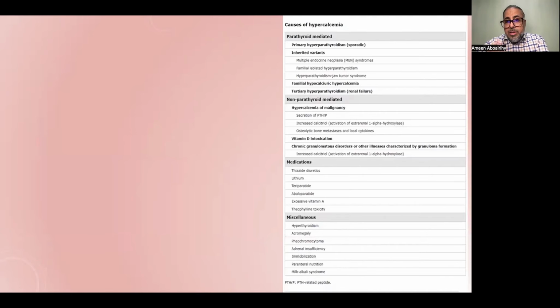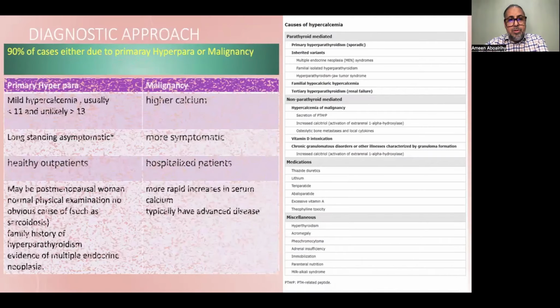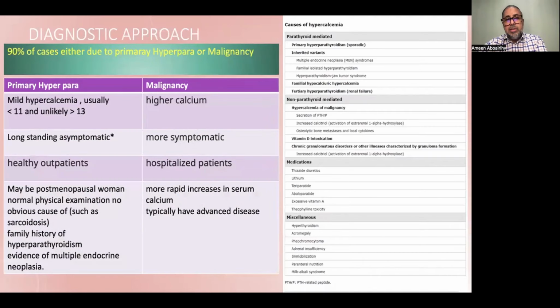Hypercalcemia, as is very well known, could be due to either primary hyperparathyroidism or malignancy. The difference between the two is not that difficult to notice. Primary hyperparathyroidism usually causes mild hypercalcemia, usually below about 13 milligrams, compared to malignancy, which is higher.